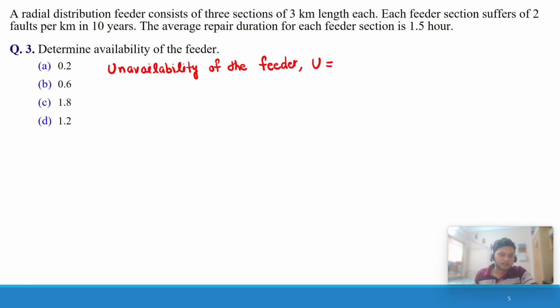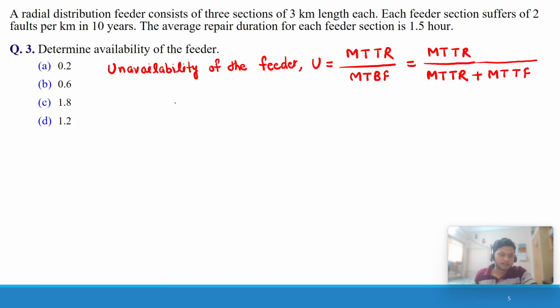Unavailability is defined as the ratio of mean time to repair to the mean time between failure. The mean time between failure is the summation of mean time to repair plus mean time to failure.